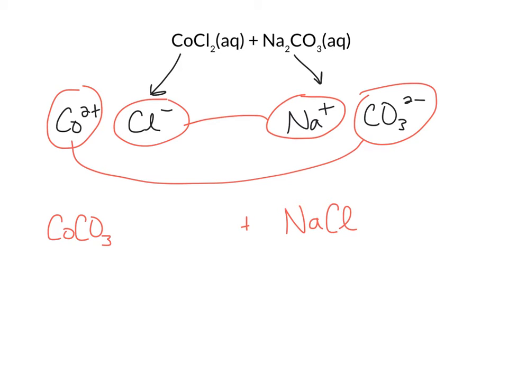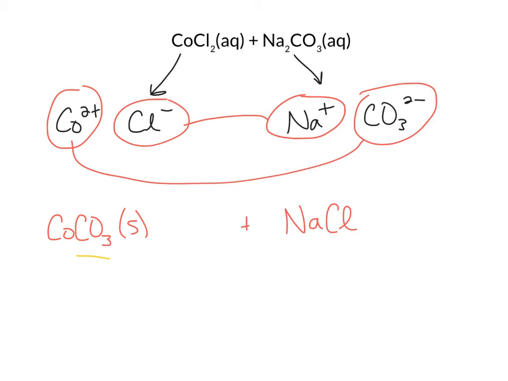If you look in the solubility rules, you'll see that CO3 2-, or carbonate ion, when that is in an ionic compound, is typically insoluble, and when it's with cobalt, that is not an exception. So our cobalt-2 carbonate is an insoluble compound.